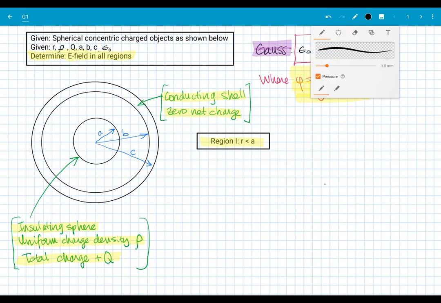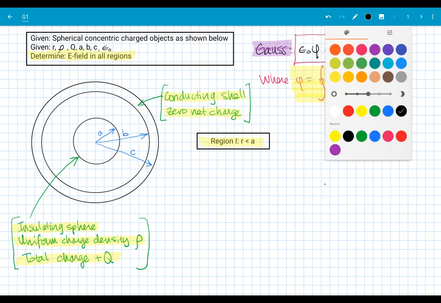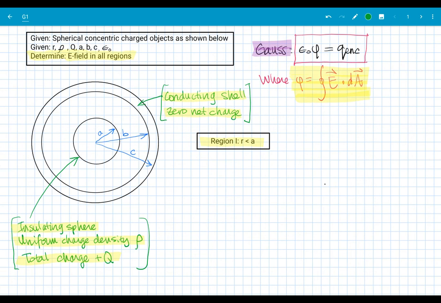I'm going to change colors for my Gaussian stuff here. I'll use green for Gauss. That means I'm going to place a Gaussian surface inside the styrofoam ball. Now, I'm just drawing a cross section of that surface, but the surface itself that I'm using is a sphere. I'm going to say it has some radius r.